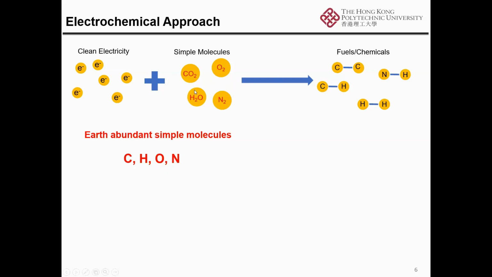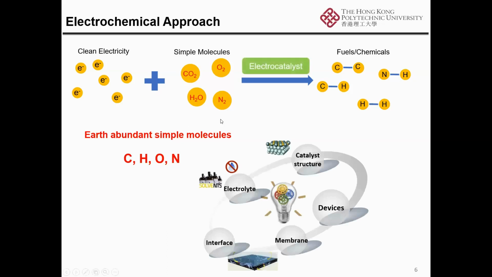We use oxygen to produce hydrogen peroxide for disinfection. Because of COVID-19, we started this work to produce hydrogen peroxide for disinfection. And from water to hydrogen gas is a very emerging technology for producing hydrogen gas. So this is a general introduction to the research in our group.